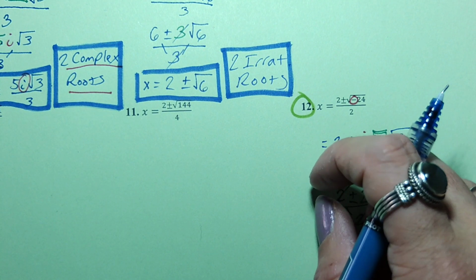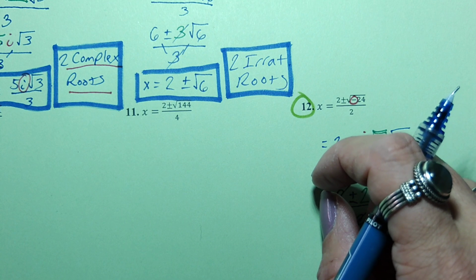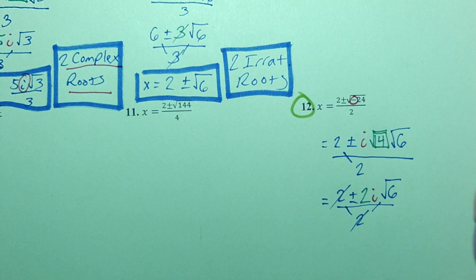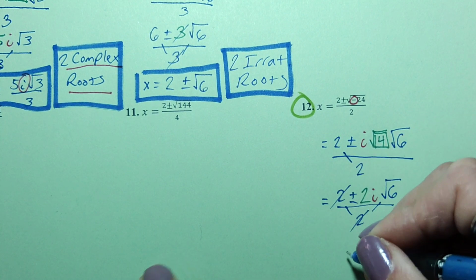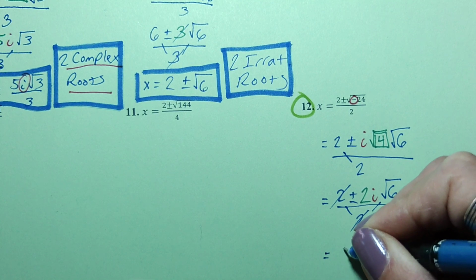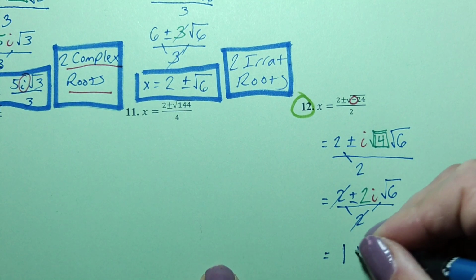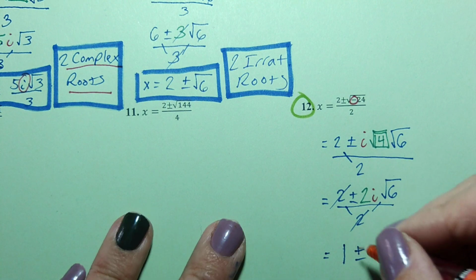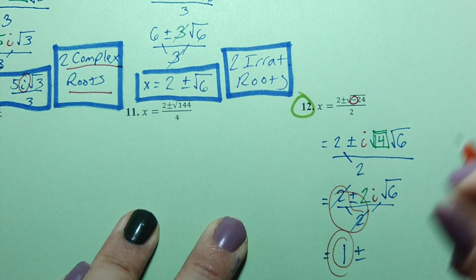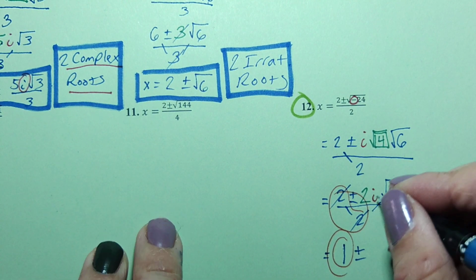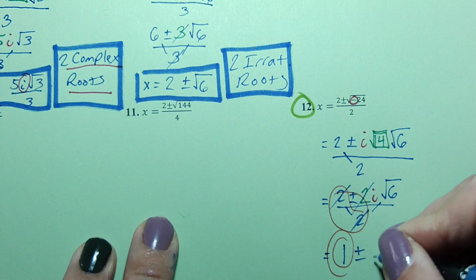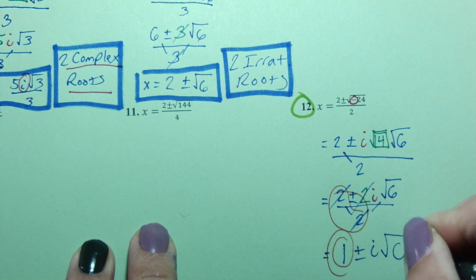What is 2 divided by 2? It's 1. So yes, they do cross simplify, but they cross simplify to be 1. So I got to have that 1 out in front of that plus or minus, and what I'm left with on the right side is I square root of 6.